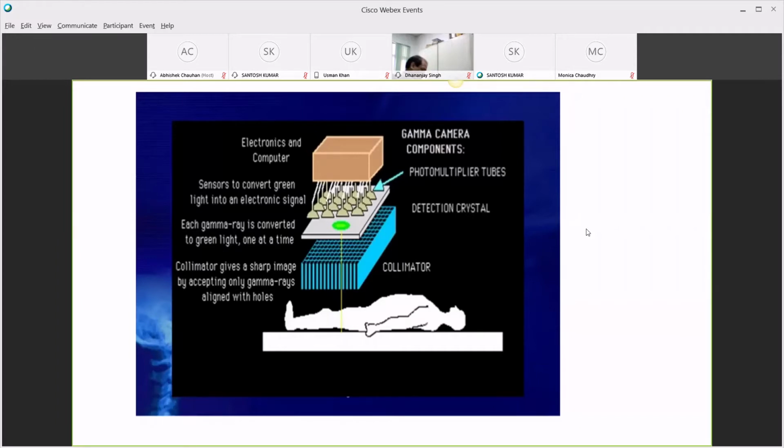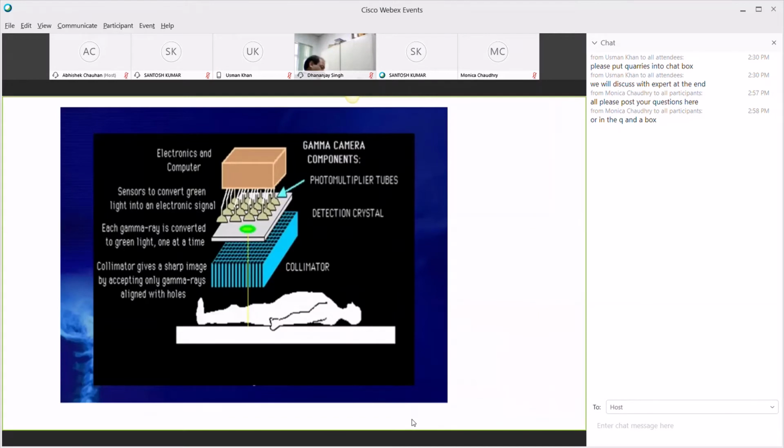And this is followed by the photomultiplier tubes. The last one is the electronic component which will change it into the signal and which will then form the images of that scan, the part of the area which we are taking.